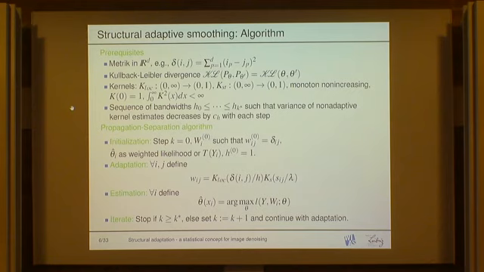And then we consider a sequence of bandwidths h_0 to h_K*, such that going from one bandwidth to the next, the variance reduction for a non-adaptive procedure, so a procedure where only the location weights are employed, decreases by a factor c_h.